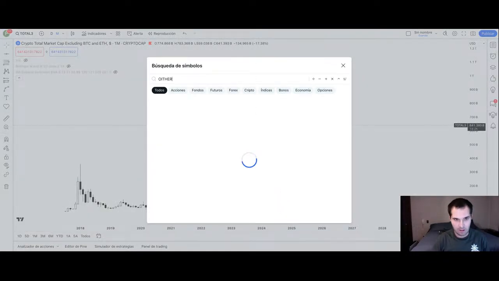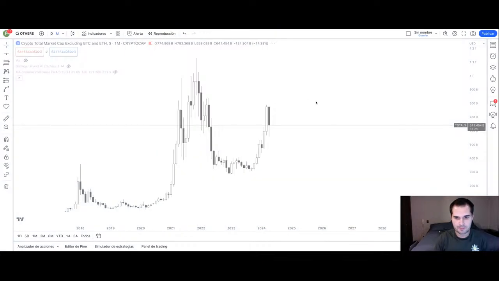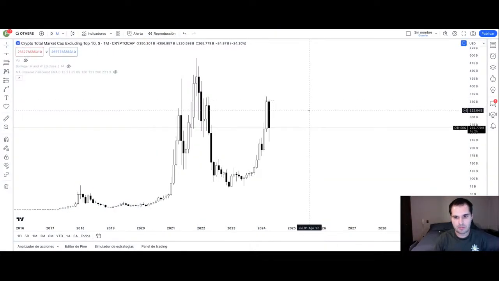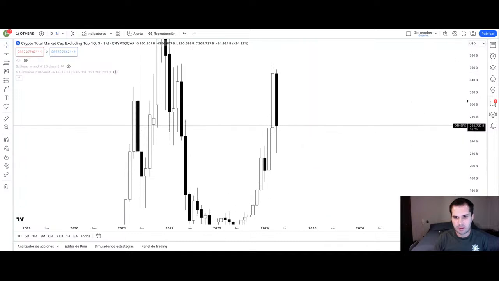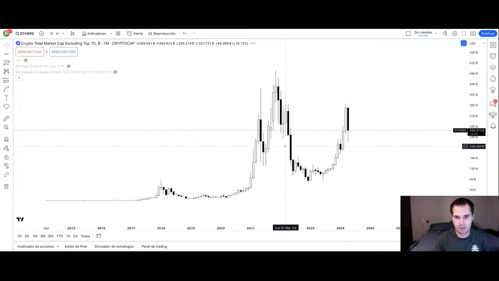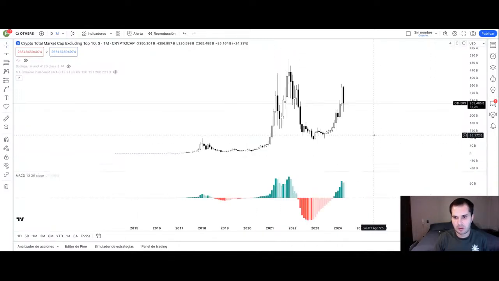What about others, which is every altcoin except the top 10 and excluding stable coins? This one looks a little bit nastier, being closer to the engulf, but being really absorbed as well. So we're gonna have to wait and see.